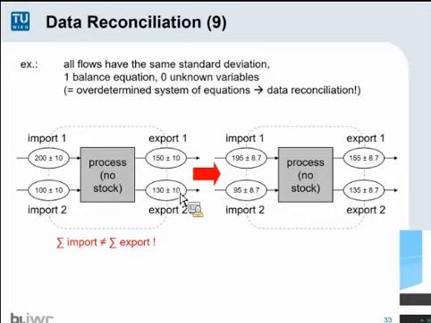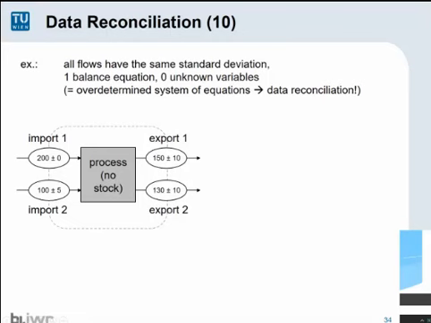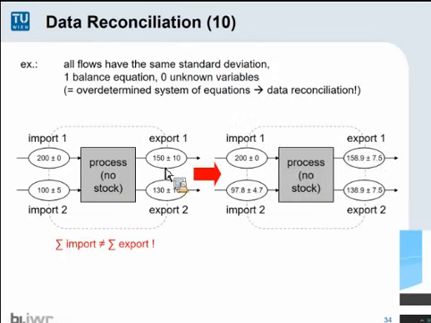So it is not possible to adjust this value. And when you look at the import flow, it has an uncertainty of plus minus 5. And the export flows have, after data reconciliation, this value has been adjusted only to a smaller extent. And these two values should have been adjusted to a larger extent. And that's exactly what we get after data reconciliation.